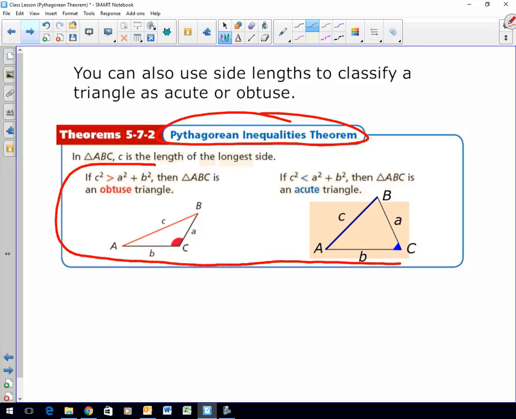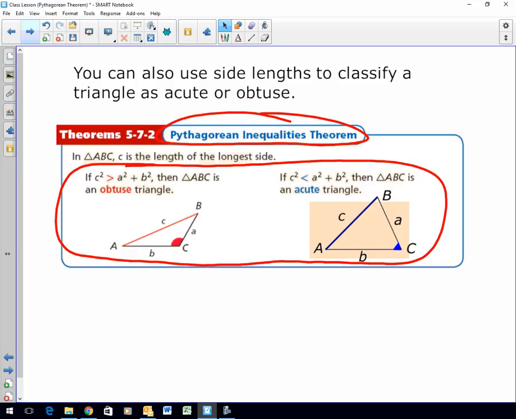If C squared is greater than A squared plus B squared, ABC is an obtuse triangle. And if C squared is less than A squared plus B squared, ABC is an acute triangle.